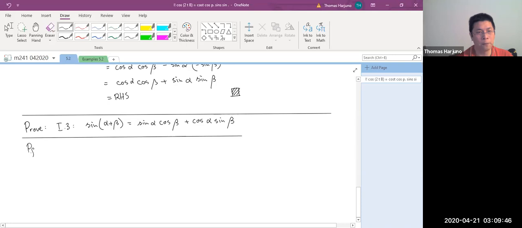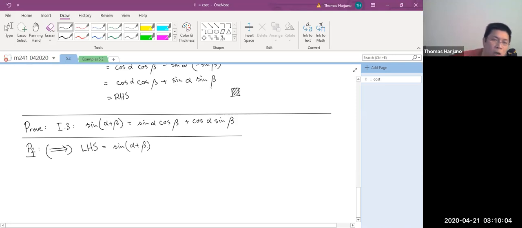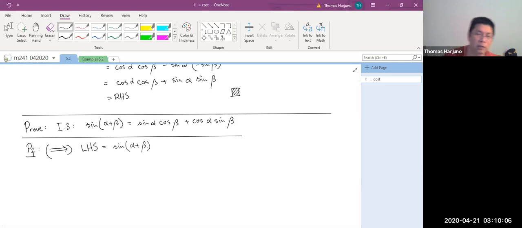The proof will be, again, we will do it from left-hand side. Like what I said earlier, the hardest one is the first one. That gives us the very, very deep, strong foundation to be able to do summation and therefore subtraction of angles.